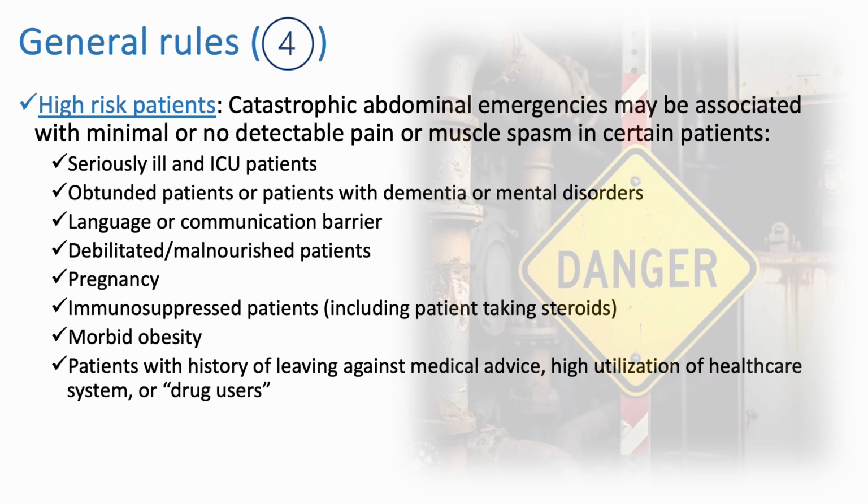And patients with a history of leaving against medical advice, or patients with high utilization of the healthcare system, who are in and out of the hospital all the time, or who have been labeled as drug users. I think there's some bias towards these patients, recognized and unrecognized, conscious or unconscious, but they still have the same or similar risk as the general population of having a serious cause of abdominal pain.